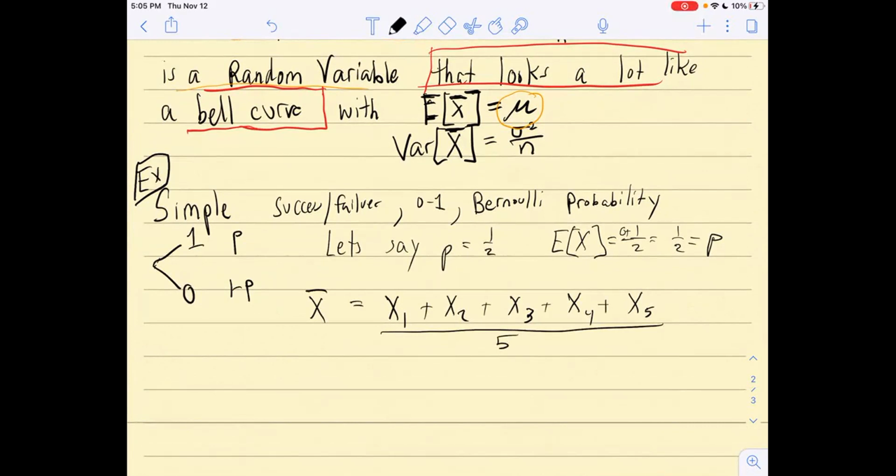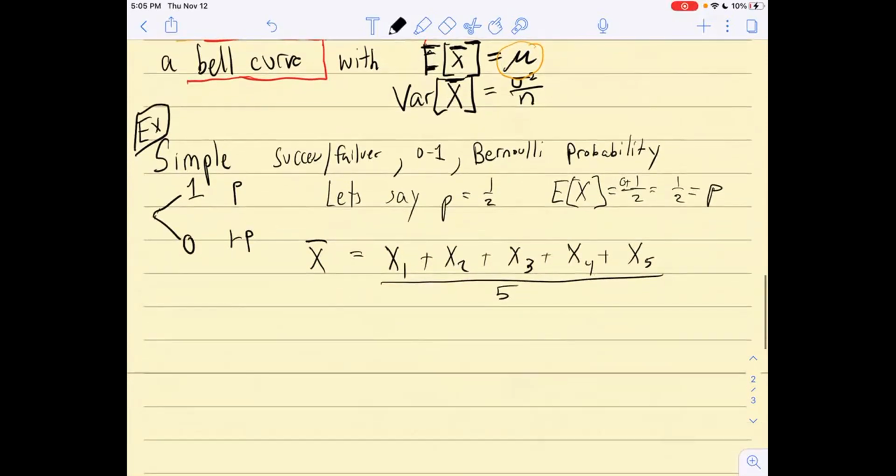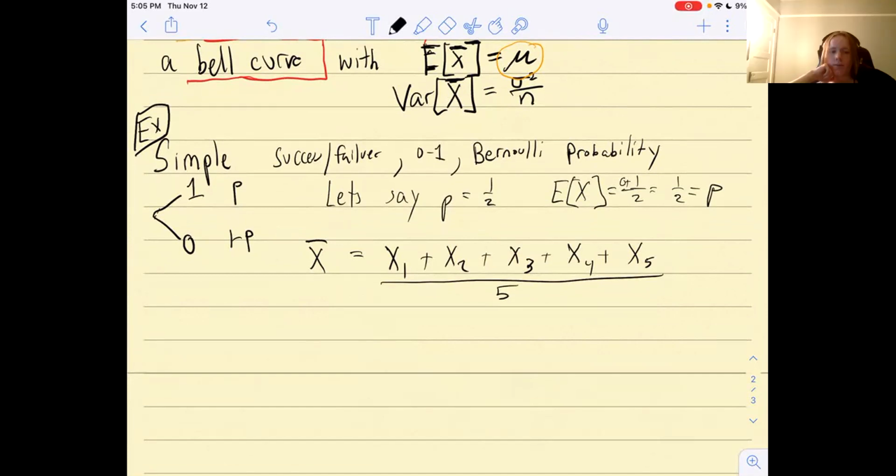Well, what are the possible outcomes here? Is it possible for the sample mean to become 0? Yes. What's the chance of that happening? You would need, so it'd be 1/2 to the power of 5. Perfect.